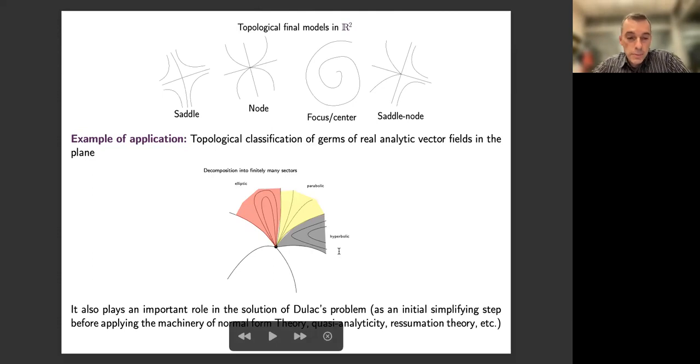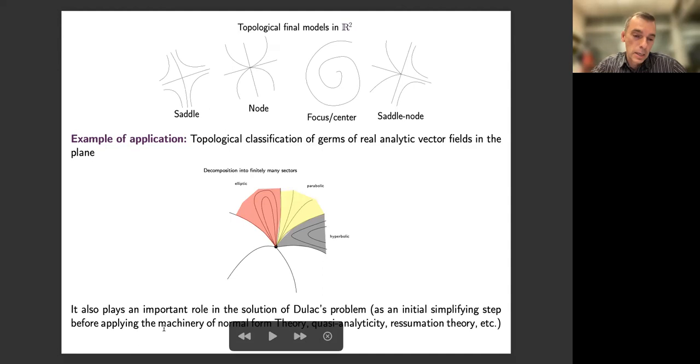I have to mention also that this resolution of singularities in dimension 2 plays an important role in the solution of Dulac's problem, which will be one of the themes of this semester. It is an initial simplifying step: you take an arbitrary analytic vector field, and then up to a finite number of blowups, you achieve one of these models.